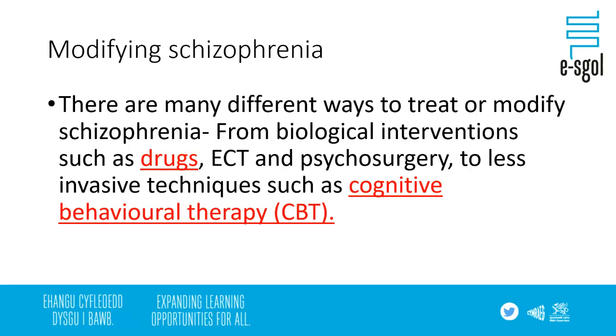Okay, so modifying schizophrenia. Modify is just change or treat. So in the exam, you may be asked about the methods of modifying it. Now, as of the 2023 exam series, methods of modifying schizophrenia and its evaluation is on the advanced information.